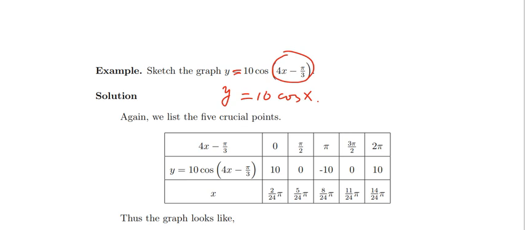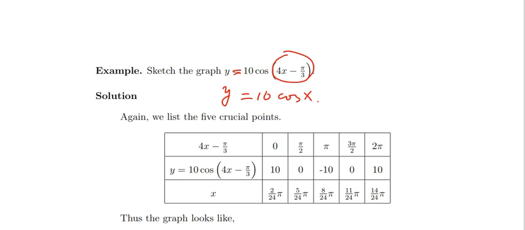When this angle is pi over 2, cosine is 0, so 10 times 0 is still 0. When this angle is pi, the cosine value is negative 1, then multiplied by 10 it becomes negative 10. For 3 pi over 2, cosine is 0.